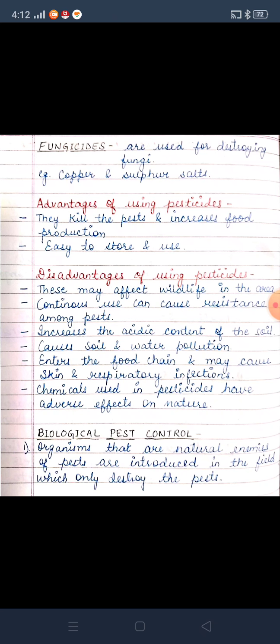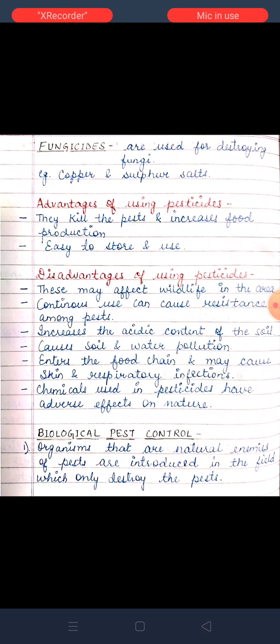First is that they may affect wildlife in the area because they are harmful chemicals. So besides damaging the pests, they can damage the other wildlife also. Then second is continuous use can cause resistance among pests.